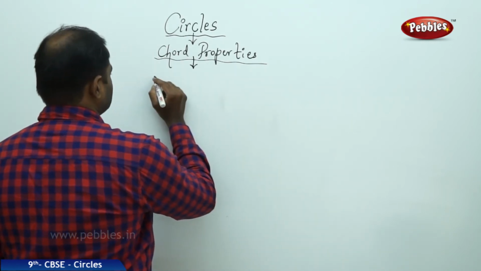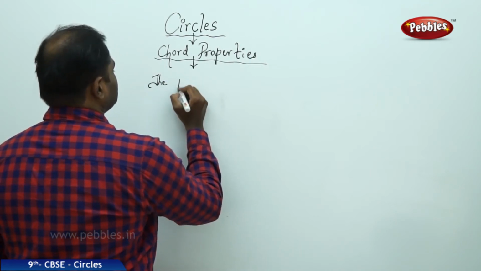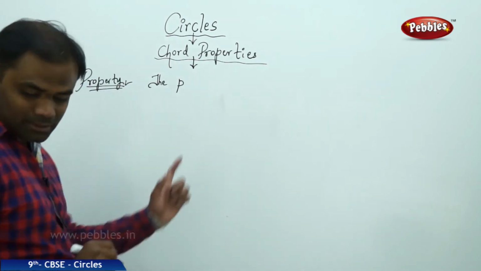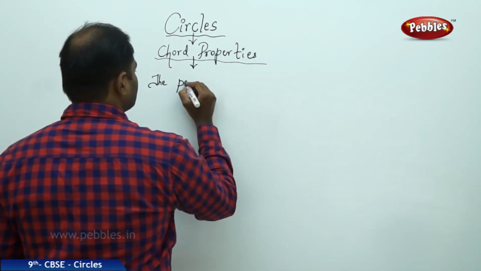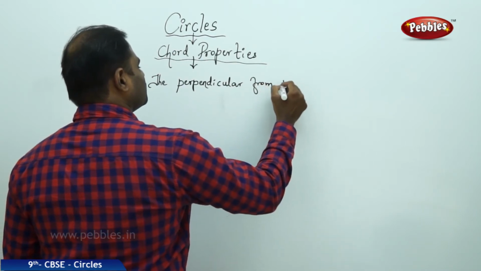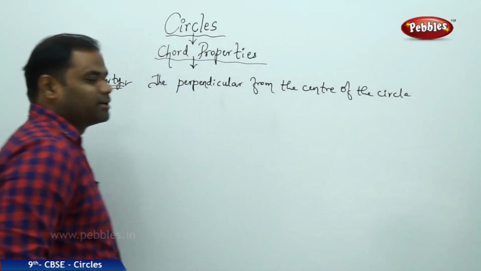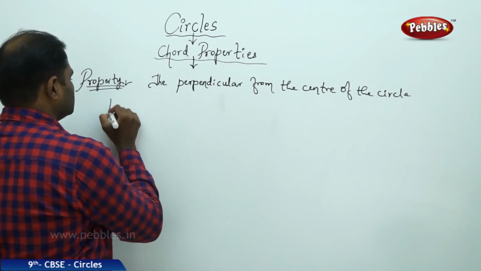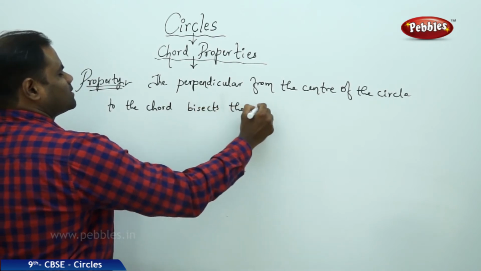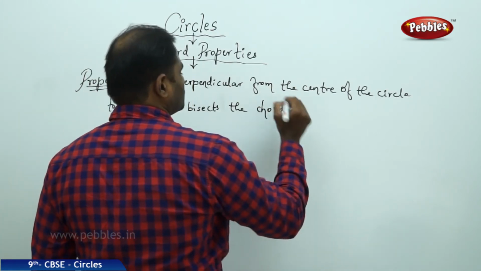So here the property says that the perpendicular, here is the property number 2, which says that perpendicular distance, the perpendicular from the center of the circle to the chord bisects the chord.